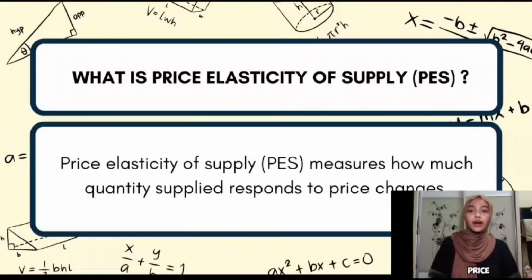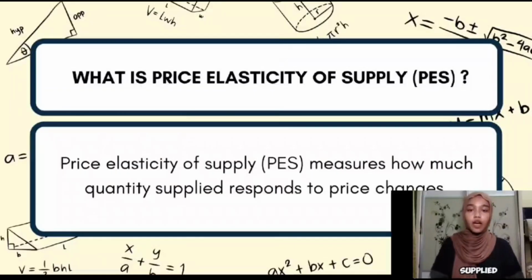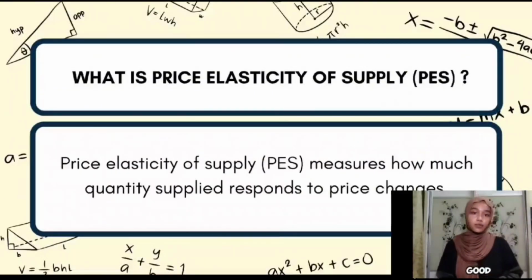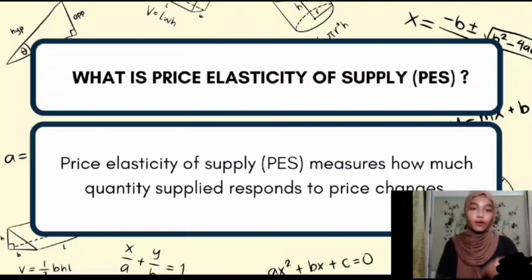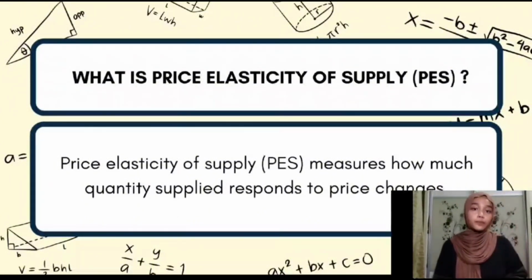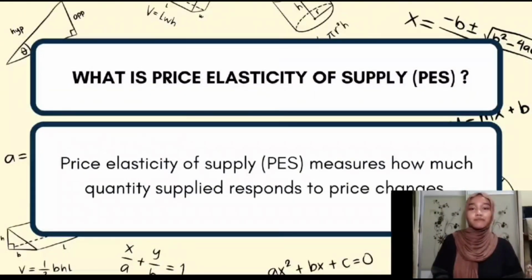So, what is price elasticity of supply? PES measures how much the quantity supplied of a good or service responds to changes in its price. If the price of a product increases, how much more will producers be willing to supply? If the price decreases, how much will they cut back? PES provides a way to quantify these responses.